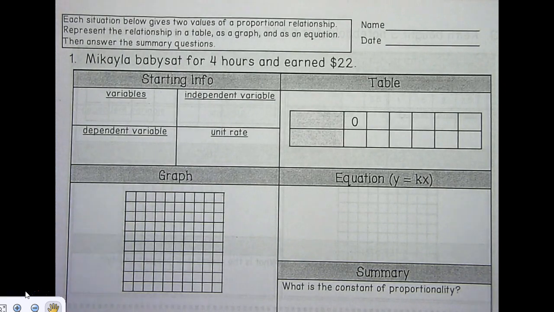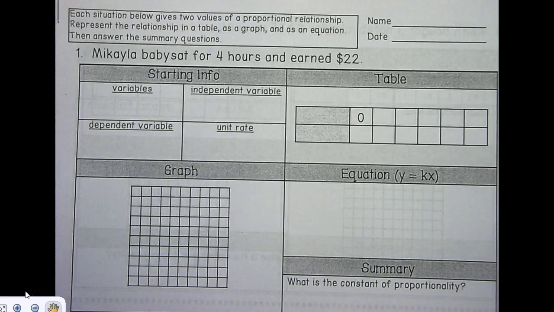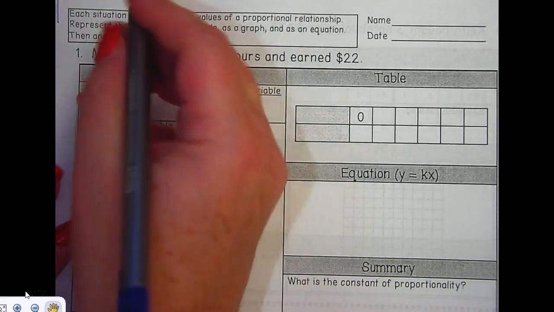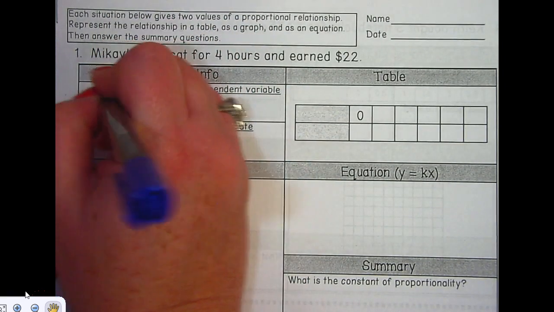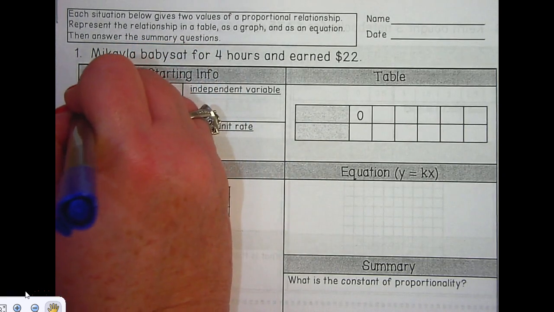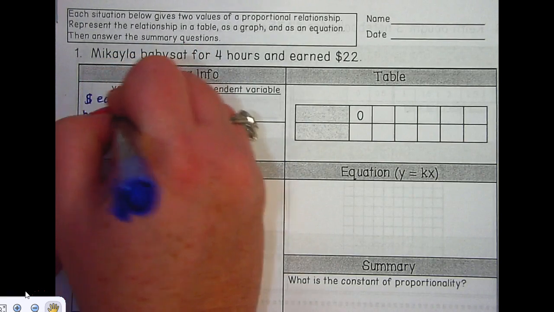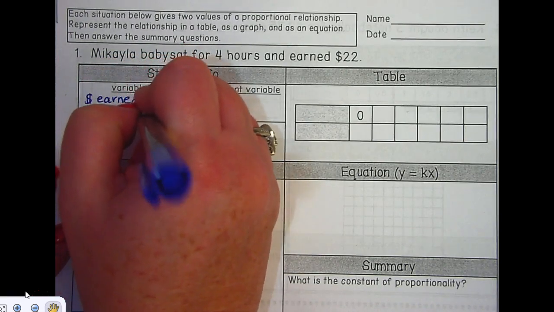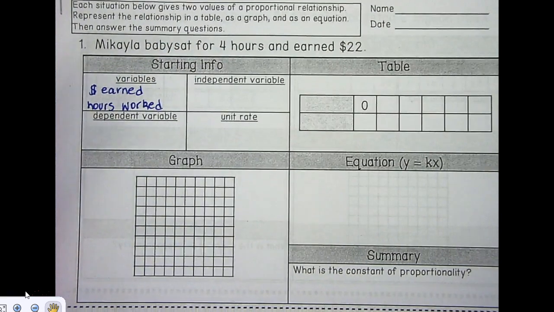All right, so let's take a look at this first problem. It's very similar to what we just did in our journal. Michaela babysat for 4 hours and earned $22. So our variables are the same as what we did in our notebook. It is money earned and hours worked. One of those is independent and one of those is dependent.